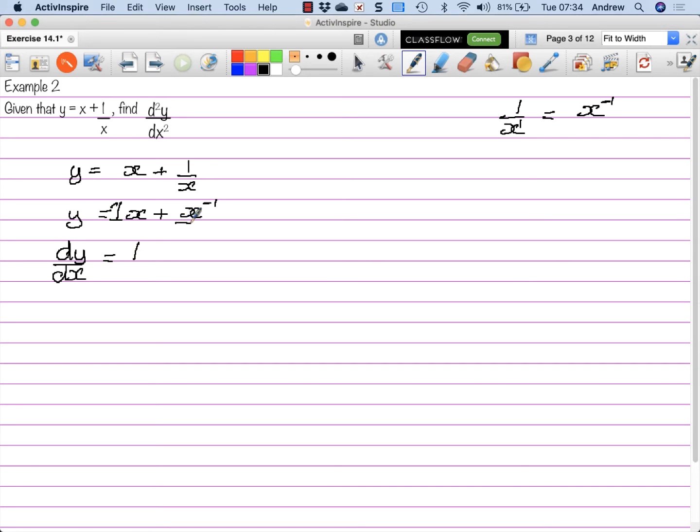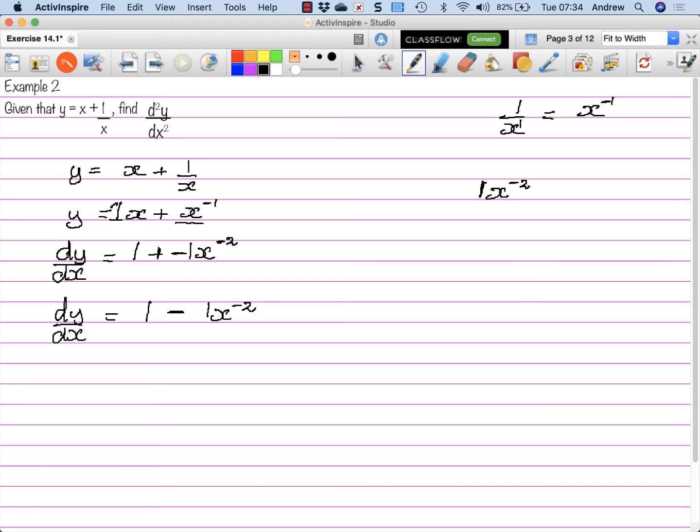Here, we're going to be multiplying by the power, and then putting the power down 1. So minus 1 goes down to minus 2. So we end up with dy dx is equal to 1, the plus and the minus is a minus, 1 on x to the minus 2. Now once again, revision of previous work.